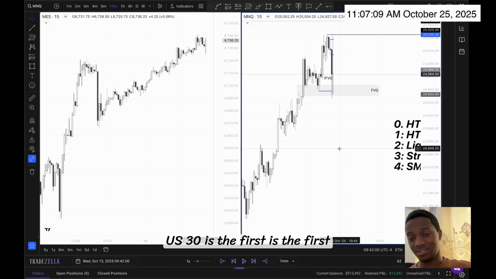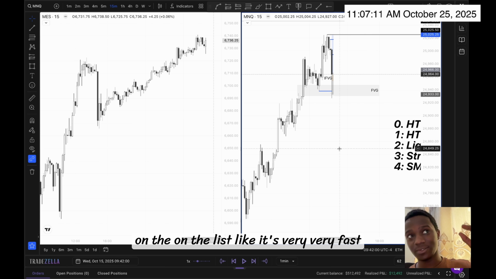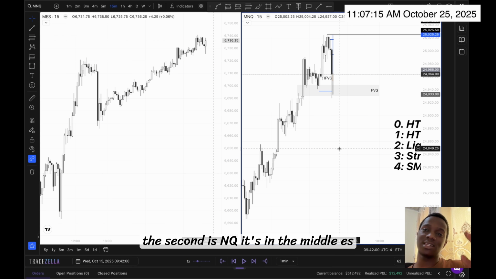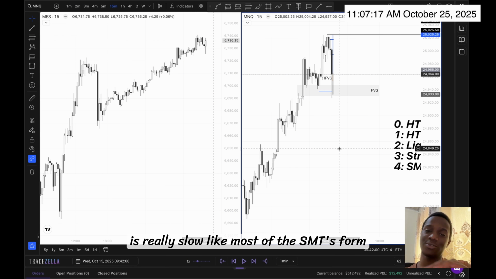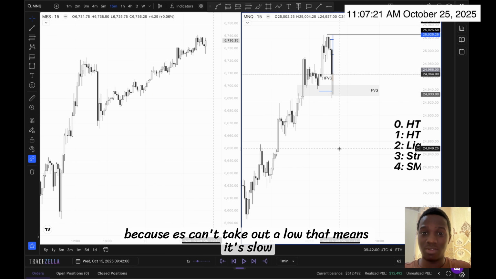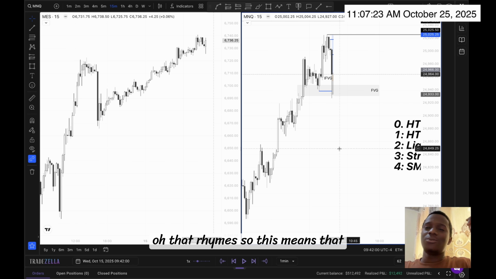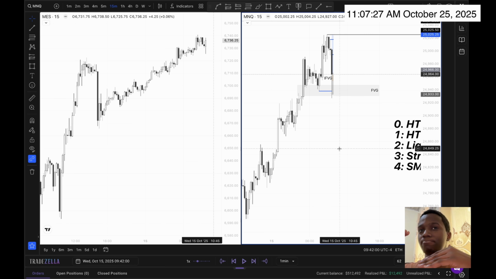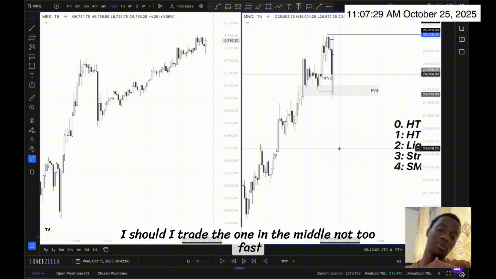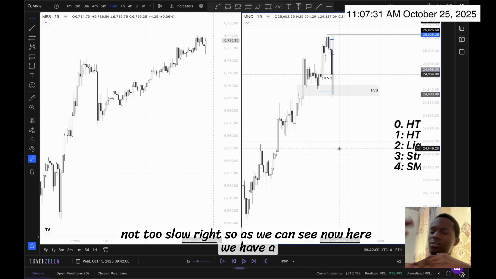US30 is the first on the list, it's very fast. The second is NQ, it's in the middle. ES is really slow, like most of the SMTs form because ES can take out a low, that means it's slow. Oh, that rhymes. So this means that I trade the one in the middle, not too fast, not too slow.